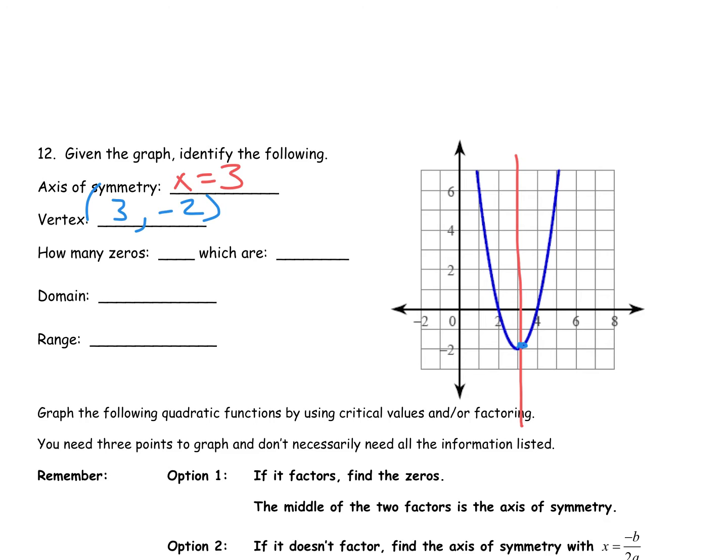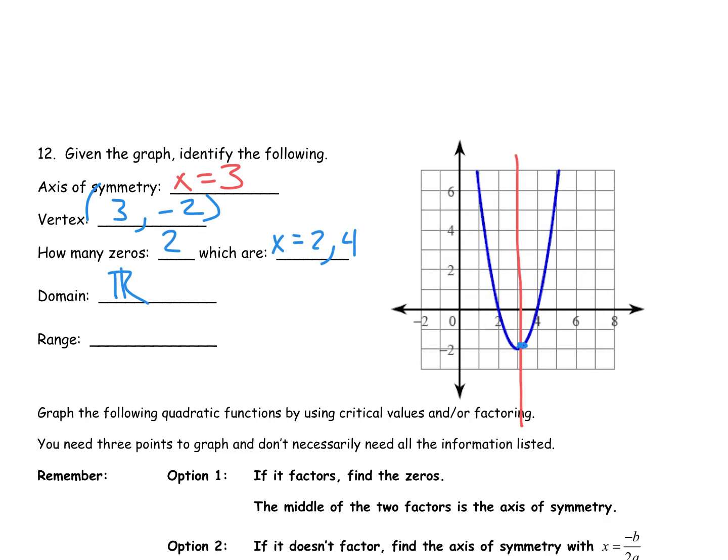How many zeros do we have? 2. And what are our zeros? X equals 2 and 4. What's our domain here? Awesome. All real numbers. Domain of all parabolas that open up or down are all real numbers.